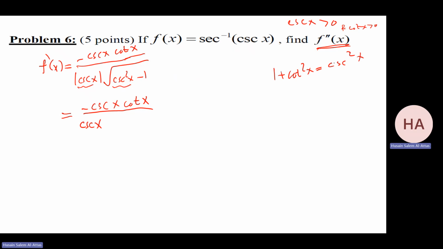This is square root of cotan square, which is absolute value of cotan x. And I should put these conditions. I think he meant to have these conditions. So I have -1. So that gives us y double prime is equal to 0. Well, otherwise I will be struggling with the absolute value where I need to derive the absolute value. I think he forgot to put the conditions.